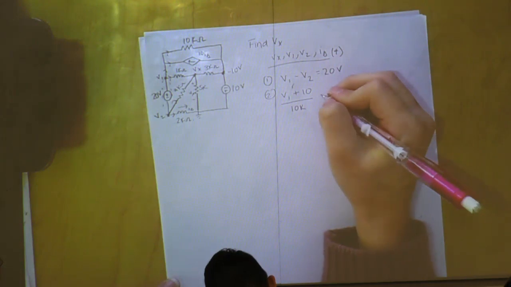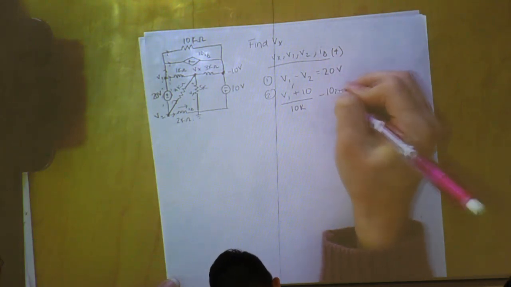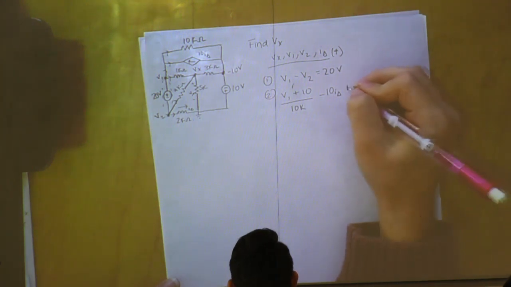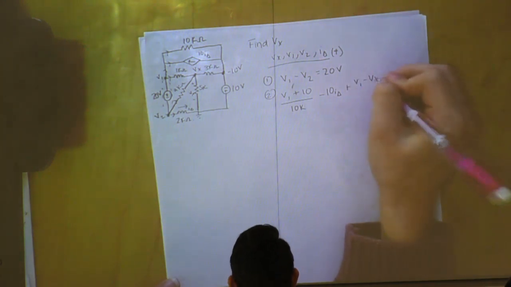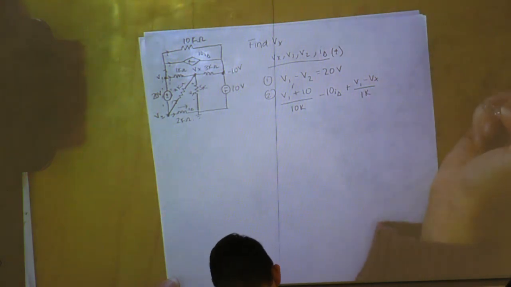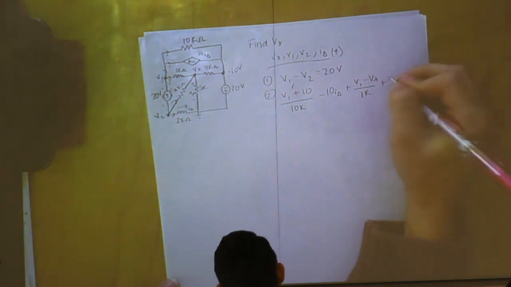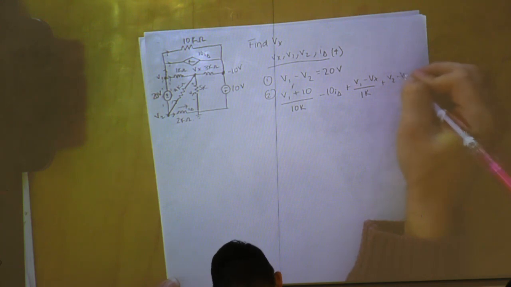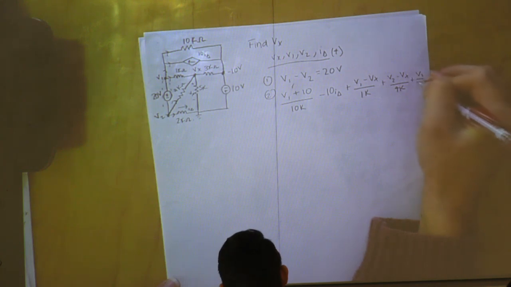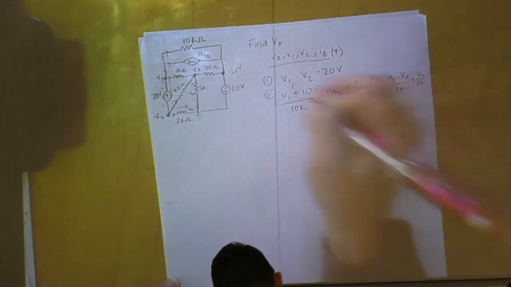Then we're going to have negative 10 I delta plus V1 minus Vx all over 1K plus V2 minus Vx all over 4K. And then our last one, we're going to have V2 over 2K. And this is all equal to 0.